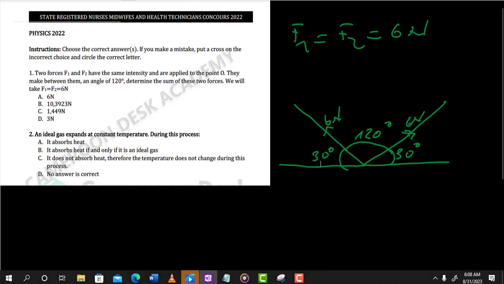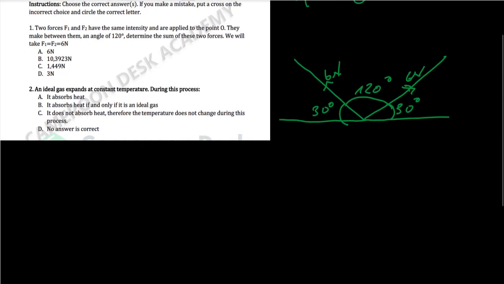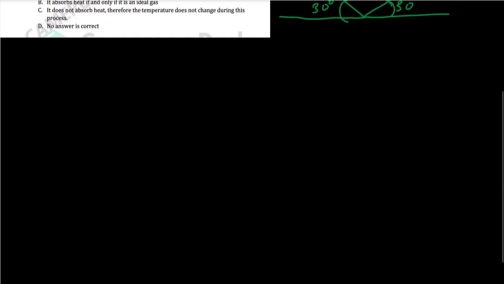So let's get now the sum of these forces. So we are going to resolve these forces on that plane. So we are going to have a system like this. I apologize for my diagram not being straight.